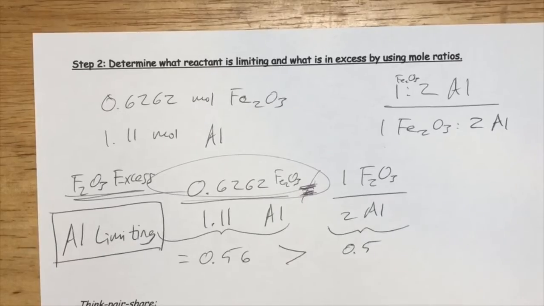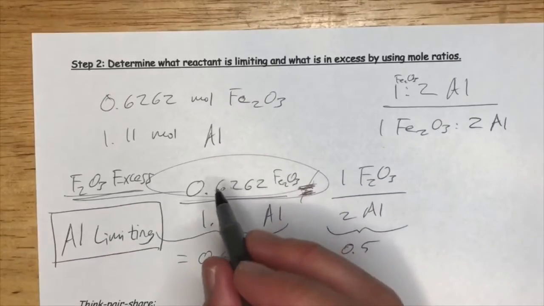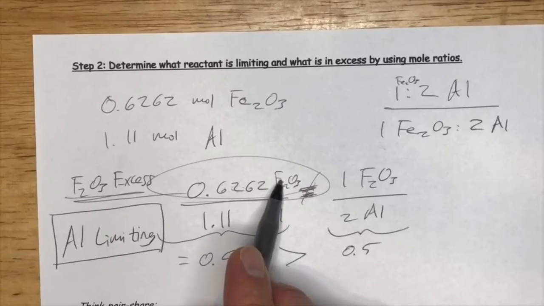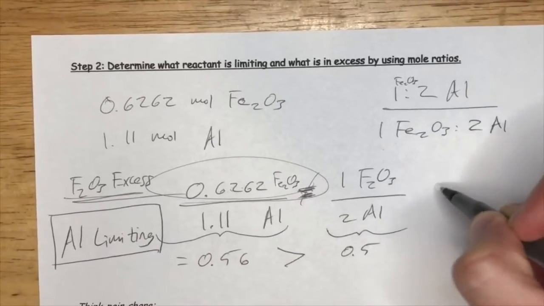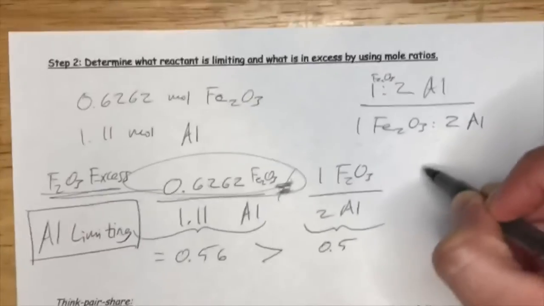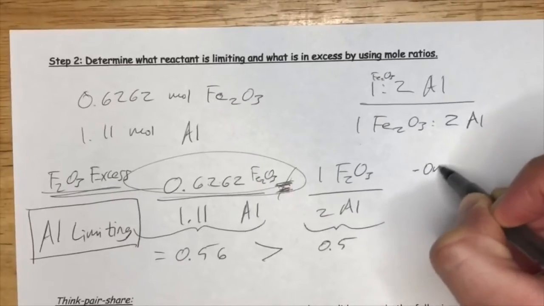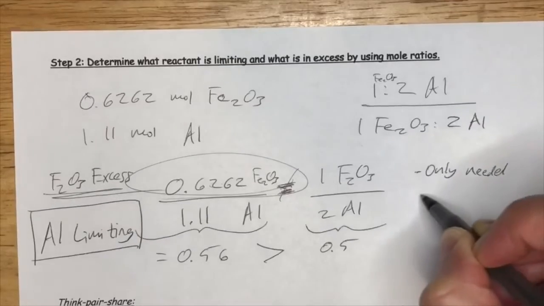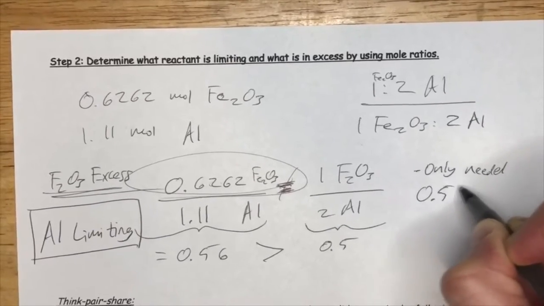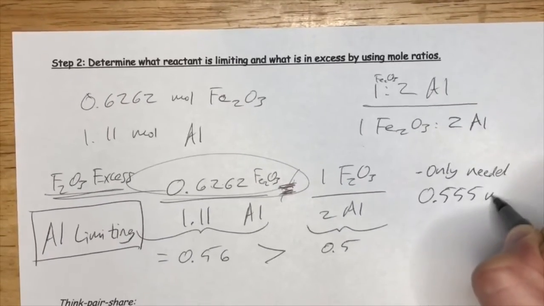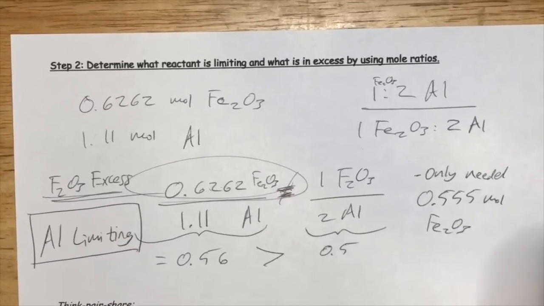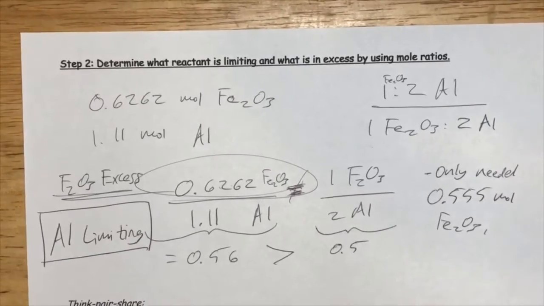Okay, we would have needed 0.555 moles of Fe2O3 to have had an efficient reaction. Okay, we only needed 0.555 moles Fe2O3. Okay, which means we have some leftover.